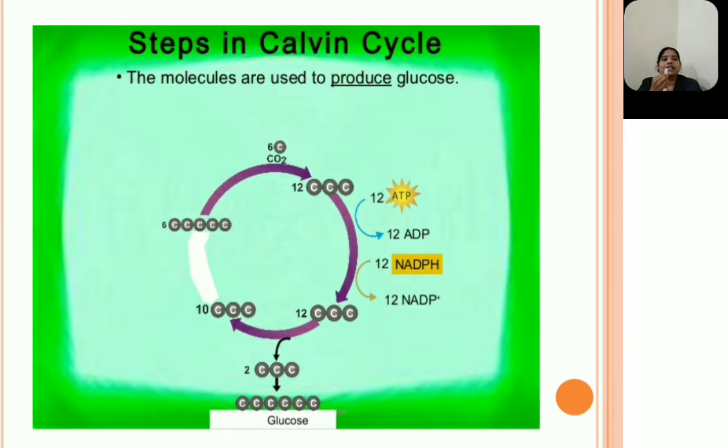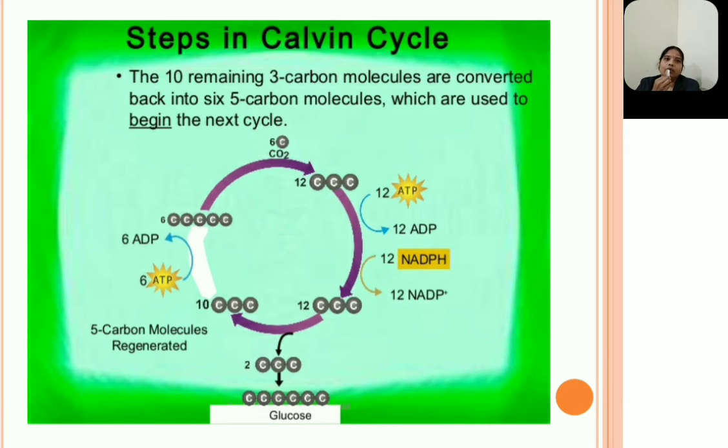Therefore, 6 turns of the cycle are needed to get one glucose molecule. So here are the steps in the Calvin cycle. The 10 remaining 3 carbon molecules are converted back to 6 five carbon molecules, which are used to begin the next cycle.